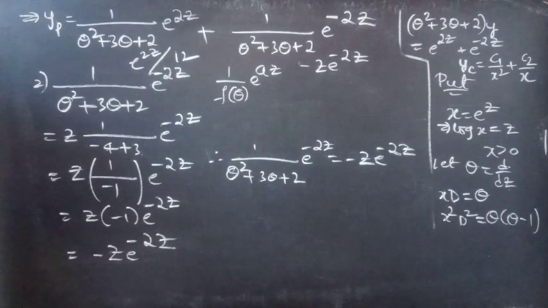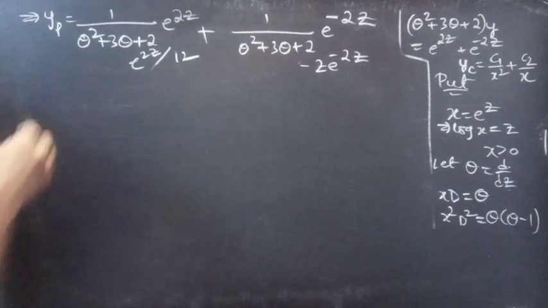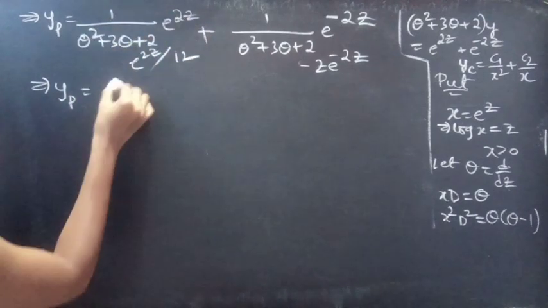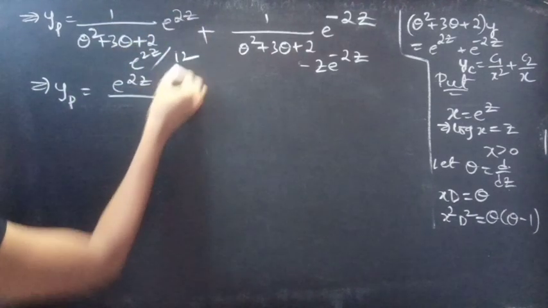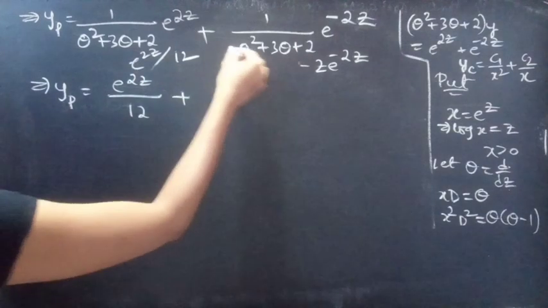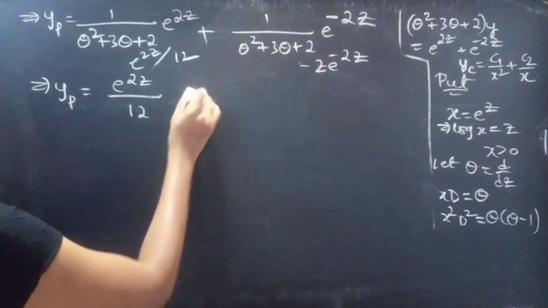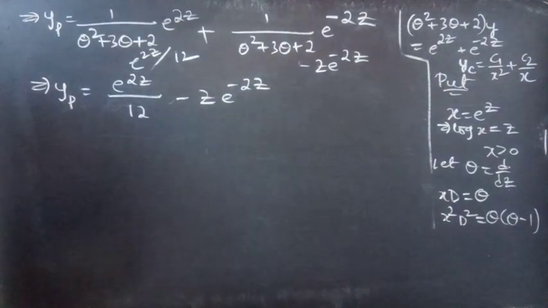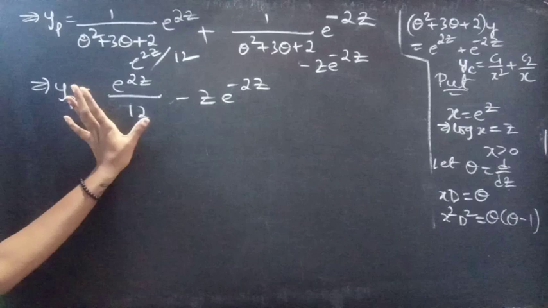Now coming to yp. Then yp becomes the result obtained from the first term, e power 2z by 12, plus the result obtained from the second term, minus z e power minus 2z. Now we need to write yp in terms of x.